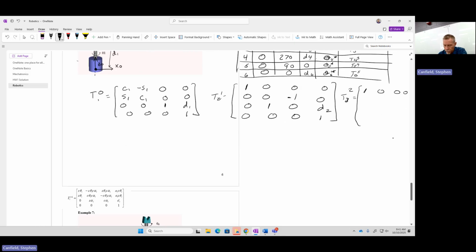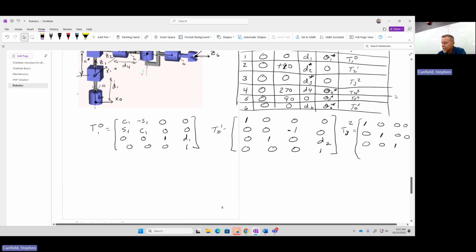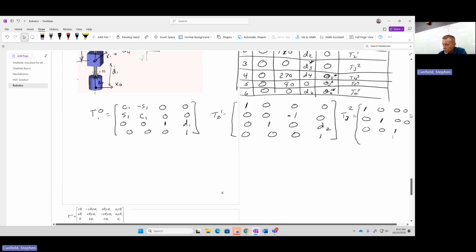Second row is sine of 0, cosine of 0, negative cosine 0 times sine of... wait, I did that wrong. Cosine of 0 is 1 times cosine of alpha, which is 0, is 0. So that's a 1, 0. Then 0, sine of 0 is 0, cosine. So that's the identity. The third one is the identity, which I guess makes sense. It's just a bunch of zeros. And then a D3.